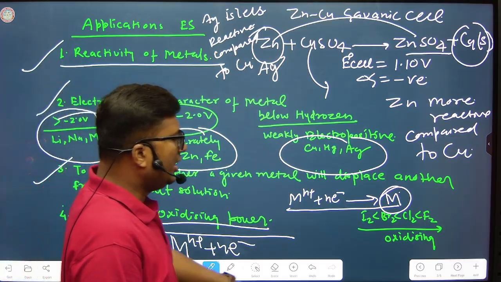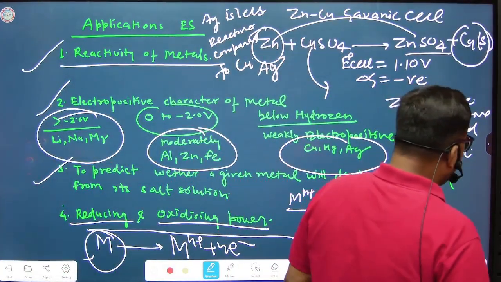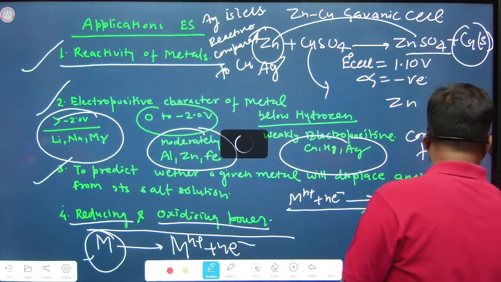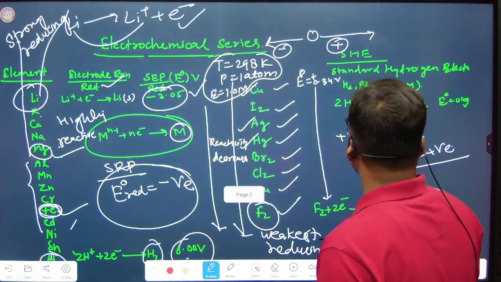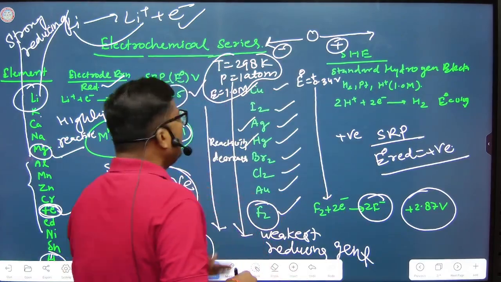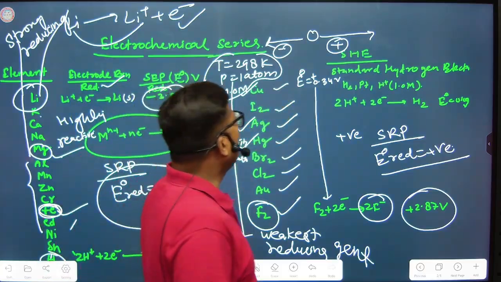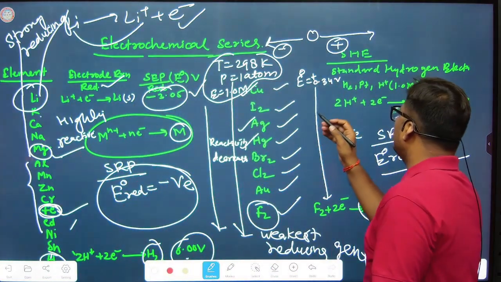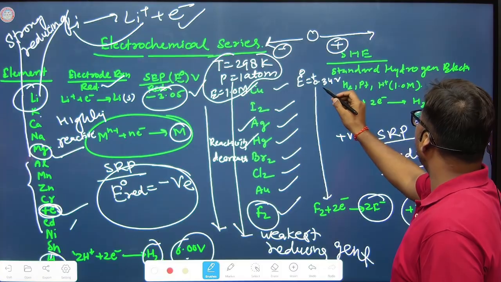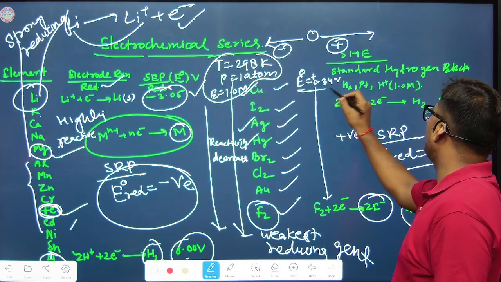That can be easily seen from the series. Here you can see copper, with a standard reduction potential of plus 0.34 volt, right?